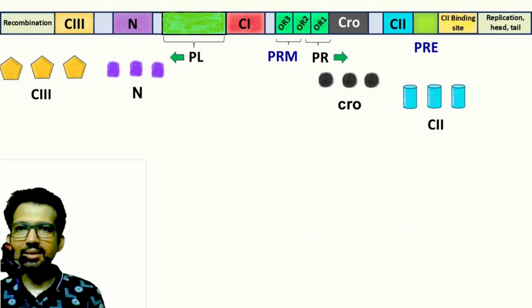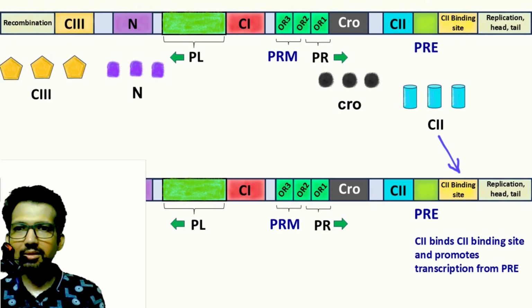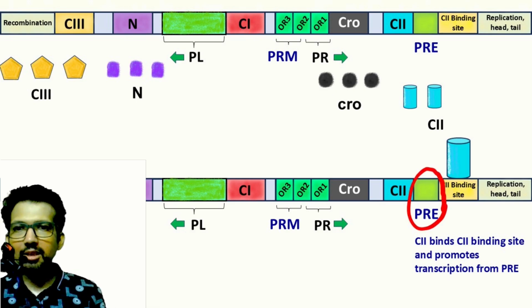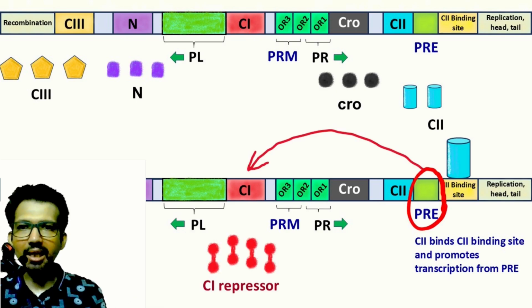C2 now binds the C2 binding site. After C2 binds with the C2 binding site, the transcription from PRE begins. This will lead to formation of CI. CI is a repressor.